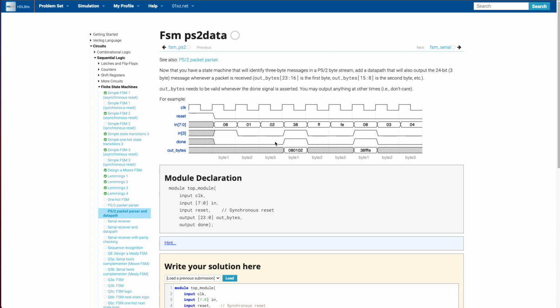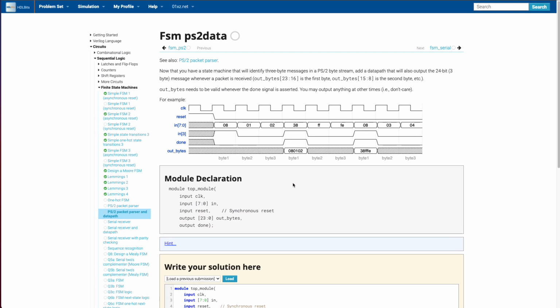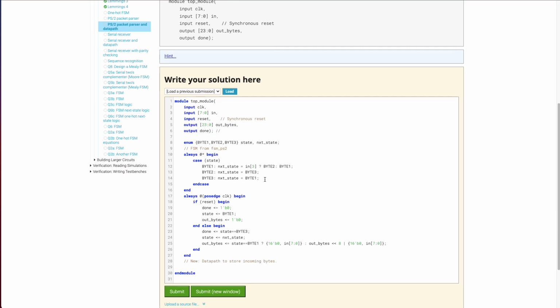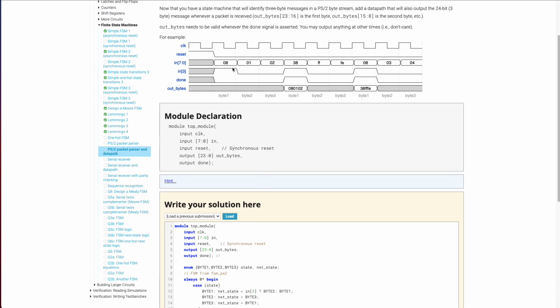But byte is 3, so we would still, okay. So here we would shift 8, we would put 8. So here out bytes would be 8. Here out bytes would be 8 plus this 8 shifted, and then ORed with this 1 here.